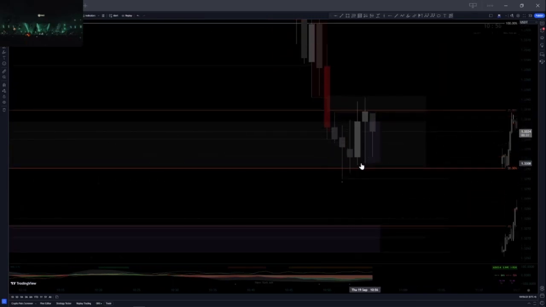You have this wick, right? Price opened here, came down, pushed quick up, and closed here. Price opened up here, higher than the close. If it breaks this wick now, it will push down.